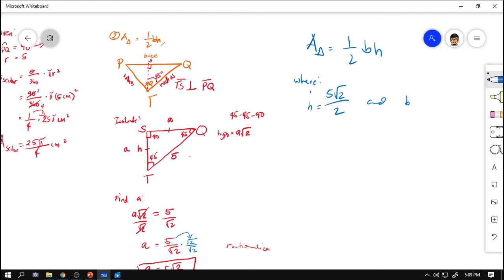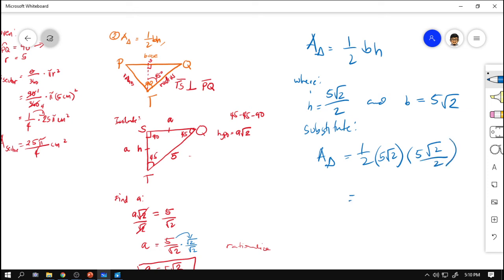And the base is equal to 5 square root of 2. Okay. Now, next, substitute. So, the area of the triangle now is equal to 1/2 times the base, which is 5 square root of 2, times the height, which is 5 square root of 2 over 2.